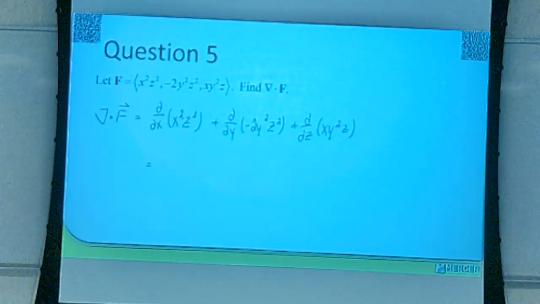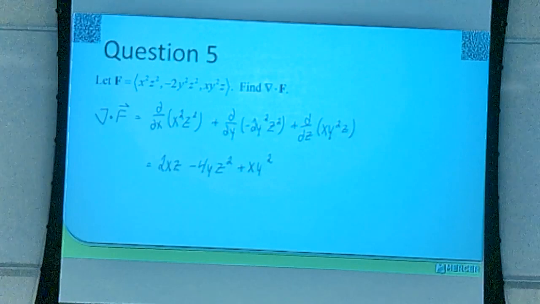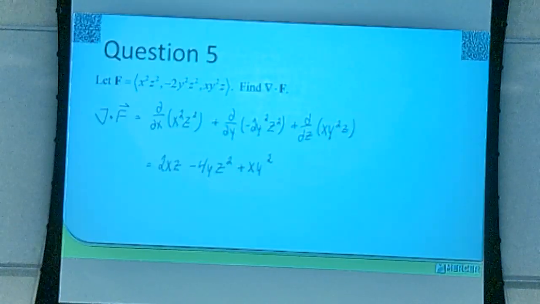That's 2xz minus 4yz squared plus xy squared. And there's really no simplification we can make there, is there?